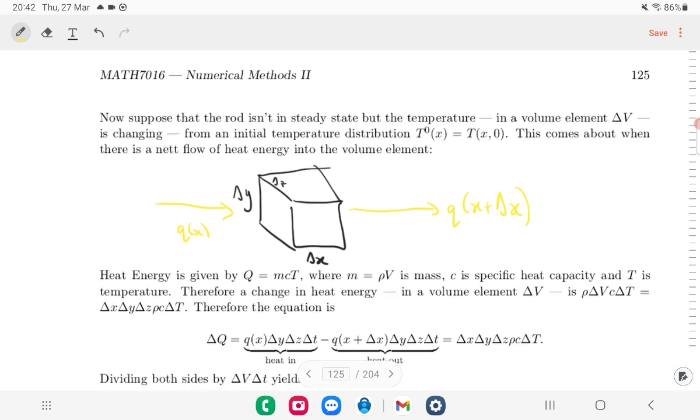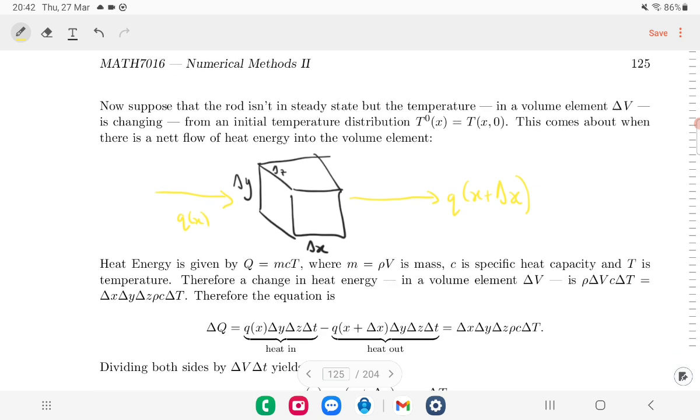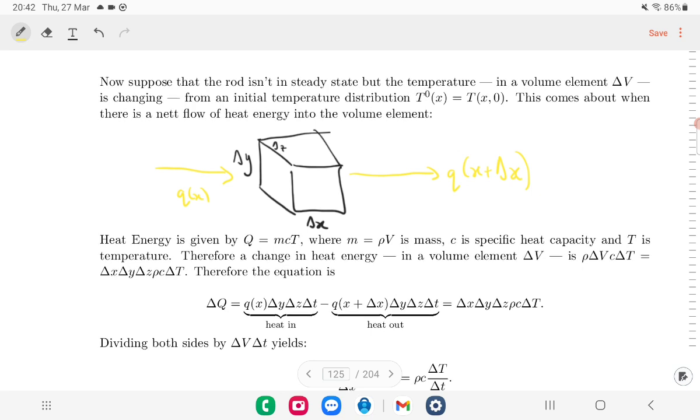So if you're talking about a change in heat energy, we're looking at something like this. We've got the heat in minus the heat out. So this is a change in heat energy, and where are all these numbers coming from? Heat energy, we should be looking at something like mass, specific heat capacity, temperature.